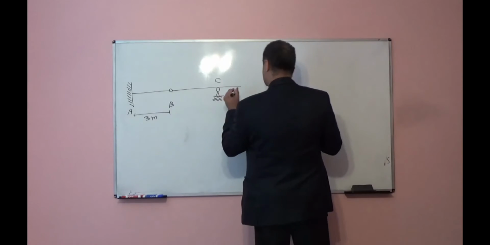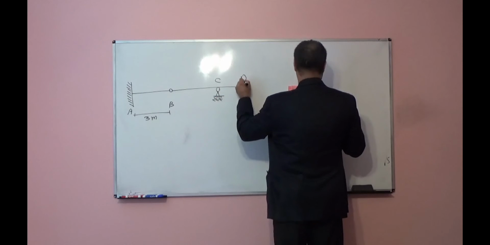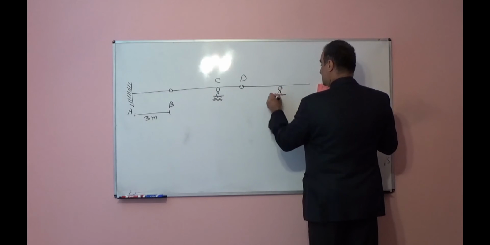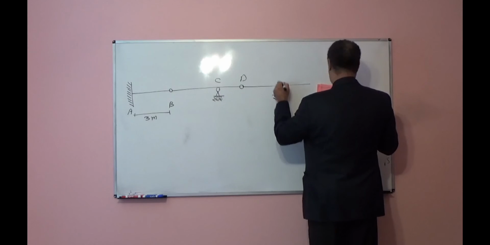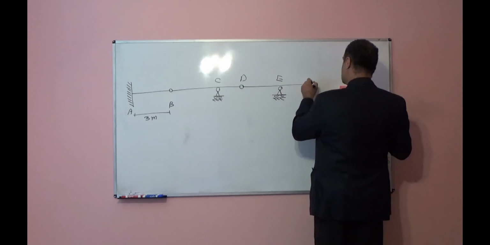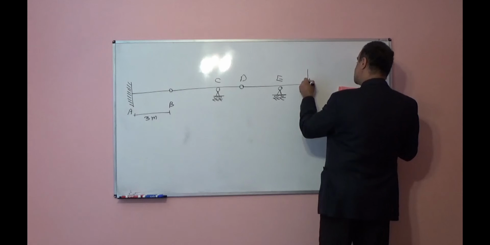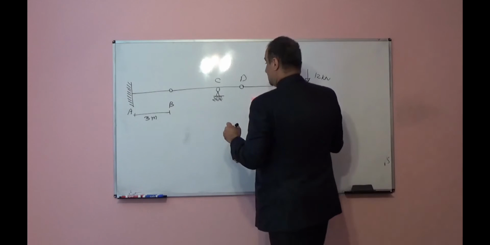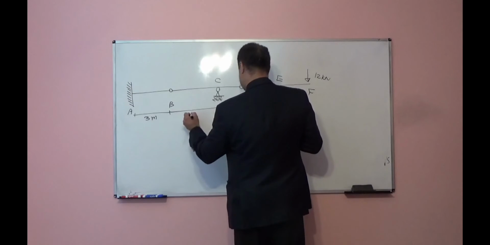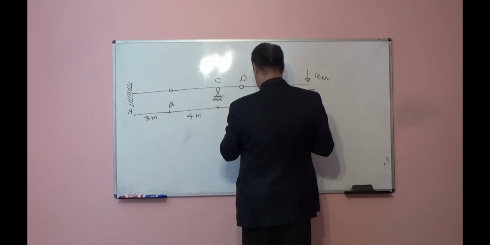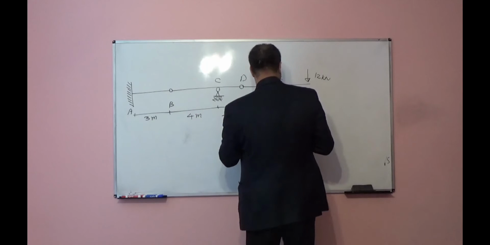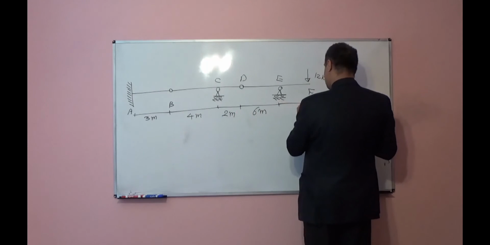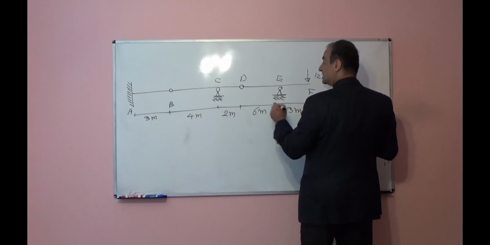Here point C, then we have point D, point E, point F. External load 12 kilonewton. This is 4 meters, 2 meters, 6 meters, and 3 meters.